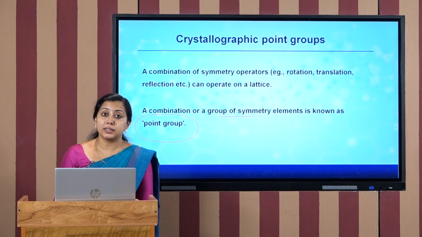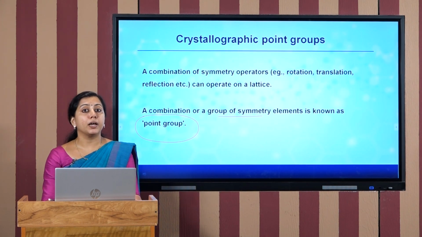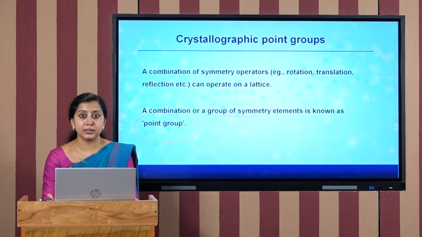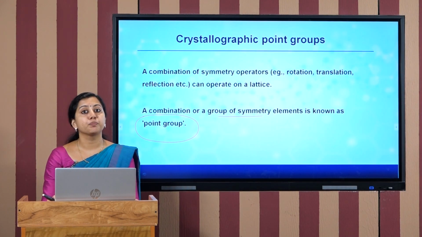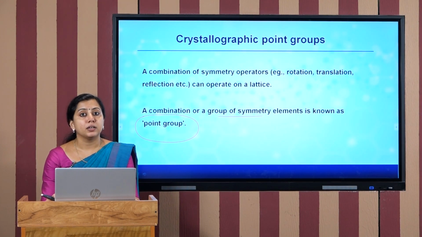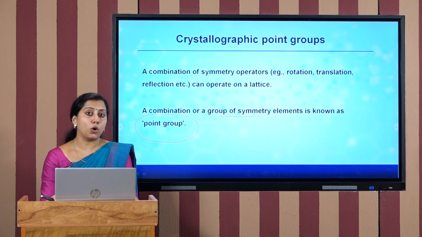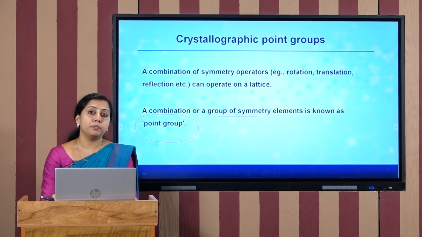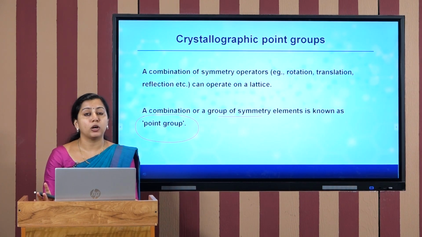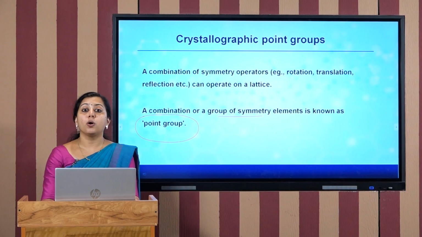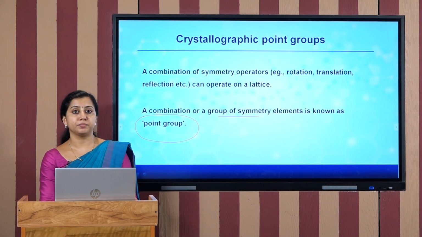So, if we consider the crystal as a whole, there will be a combination of symmetry elements, and when we do any symmetry operation, there will be a common point in the crystal such that all these symmetry operations will leave this point unmoved or unchanged in the crystal lattice. Okay. So, such a combination or group of symmetry elements is known as a point group.